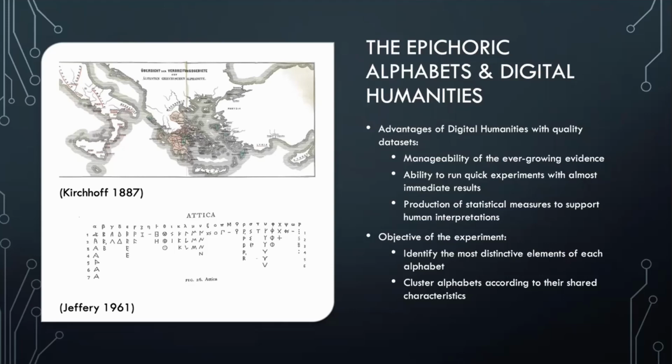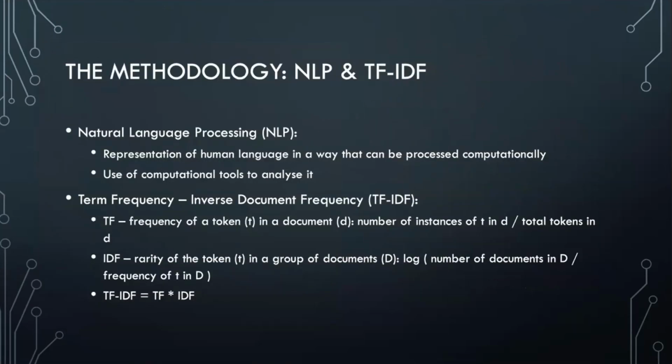But to do this programmatically, first, we need to transform these inscriptions and alphabets into a format that a machine can understand and make calculations with, and that is numbers. That is the aim of NLP, or natural language processing, to represent human language in a way that can be processed by a computer and use computational tools to analyze it.